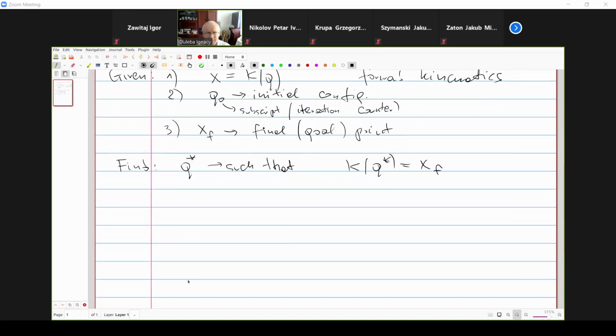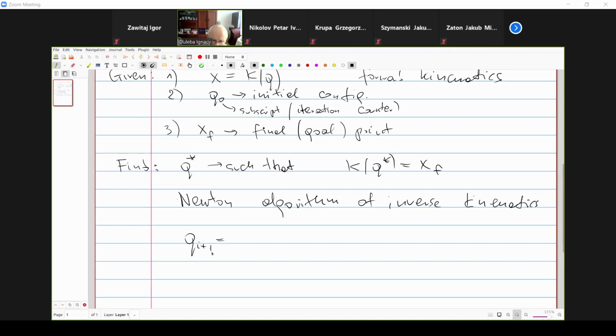And I've presented how to derive the so-called Newton algorithm of inverse kinematics. It is described like this.